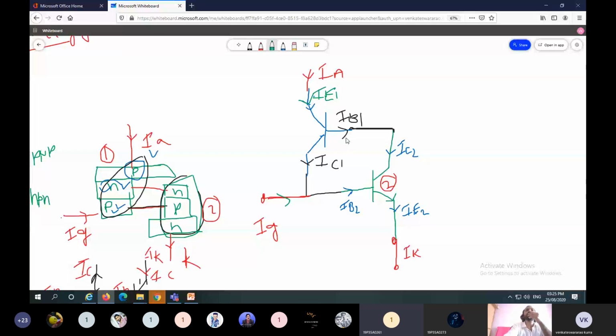From this figure, what is the relation between IB1 and IC2? Both currents are same. IB1 equal to IC2.